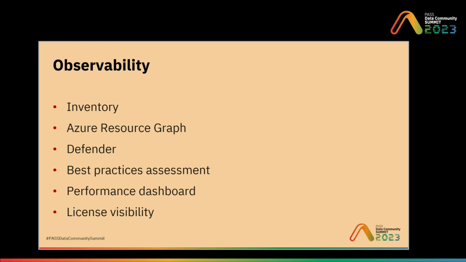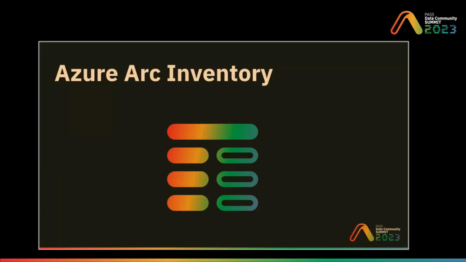We want to give you a full understanding of your SQL Server estate: the inventory, doing it at scale using Azure Resource Graph, securing it using Defender, making sure it's configured with best practices using best practices assessment, understanding performance with the performance dashboard, and license visibility. To begin with, I'll start with inventory and then hand it off to Lance for best practices assessment.